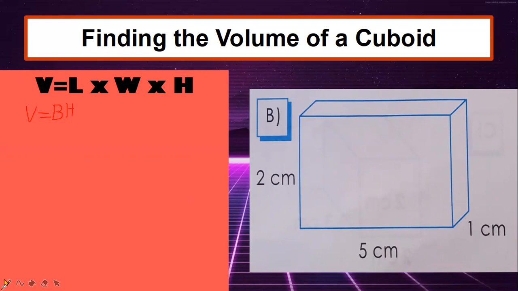Now, our first step, very simple. All we have to do is label our cube. So this right here, I will highlight, is our length.